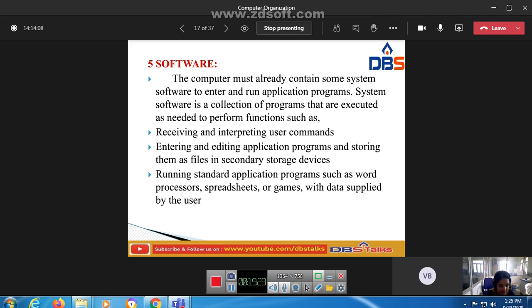These are the different functions we are performing in the software.